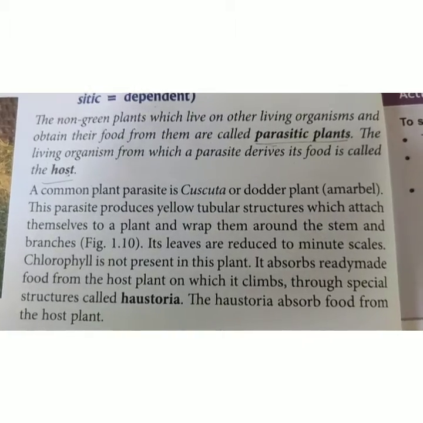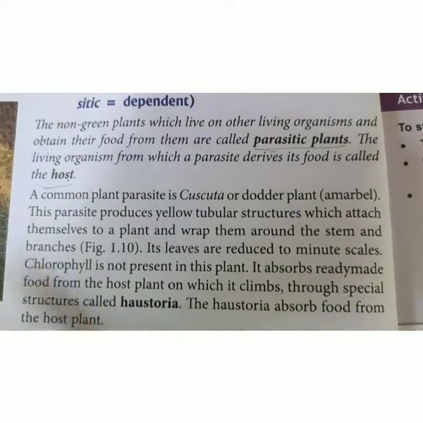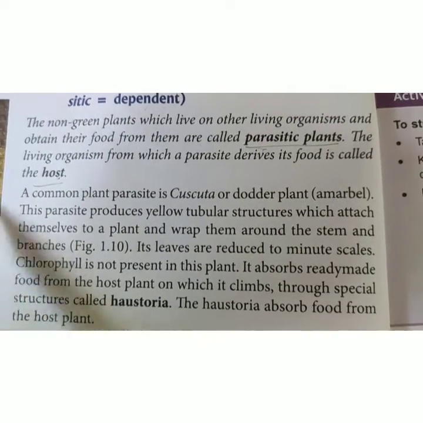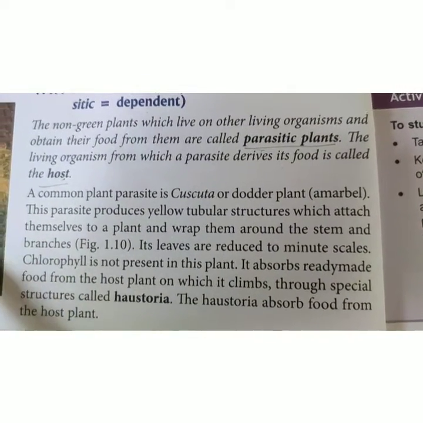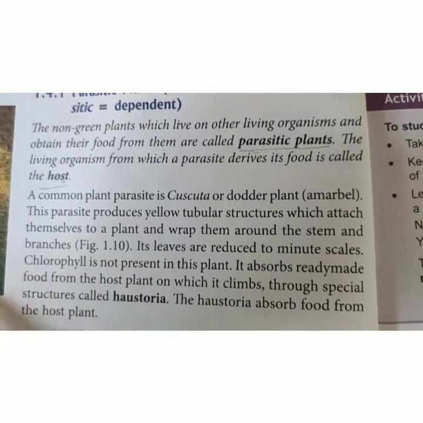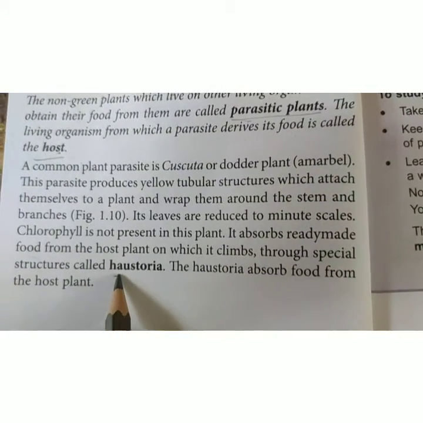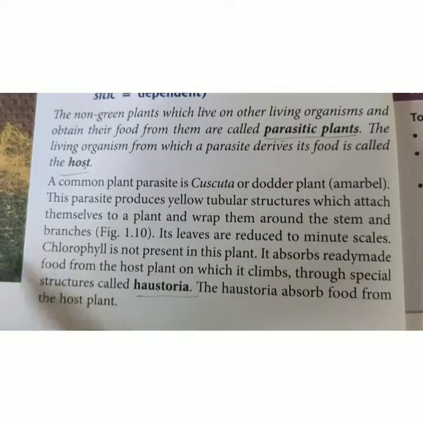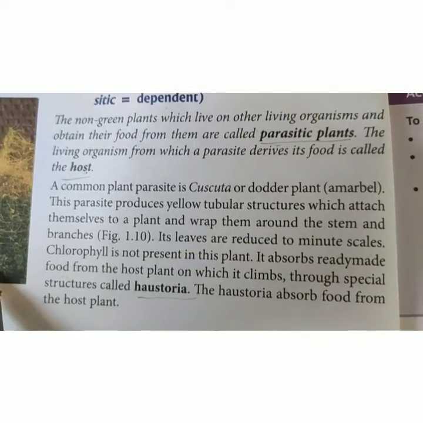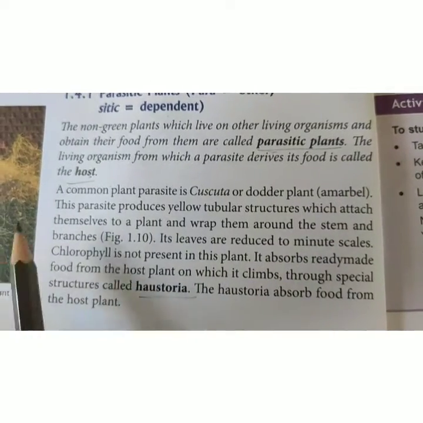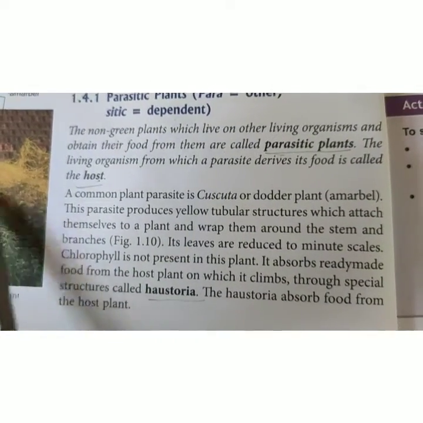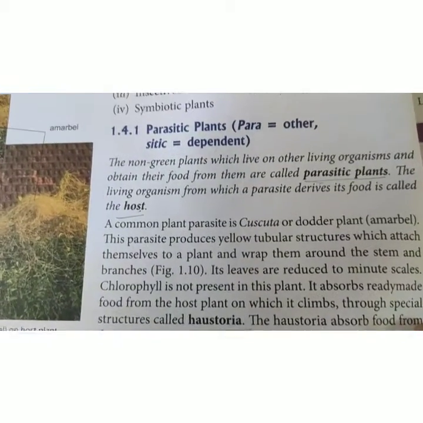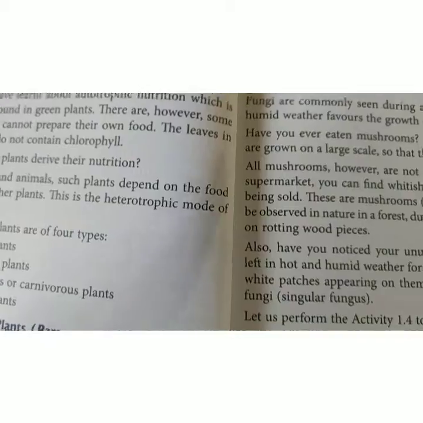The cuscuta plant climbs on the host plant and has special structures called haustoria. Through these haustoria, they absorb the food from the plant. If possible, someday I'll give you the real picture of this cuscuta, then you'll understand. You must have seen this plant.